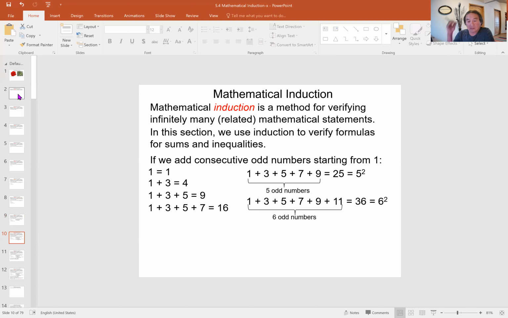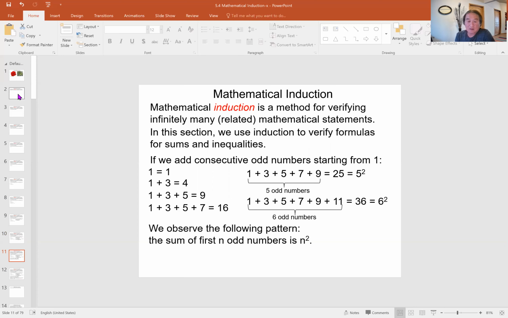And so, will this pattern persist? Of course, I can say, yeah, of course it persists. Look, there are so many of them, they all match up, but in mathematics you need proof. Mathematical induction is a methodology to establish the truth of all these infinitely many formulas. The first thing we want to do is write the formula correctly, in other words, write the patterns correctly.